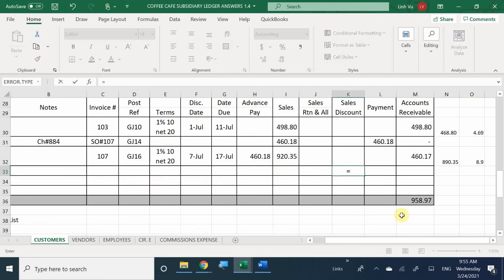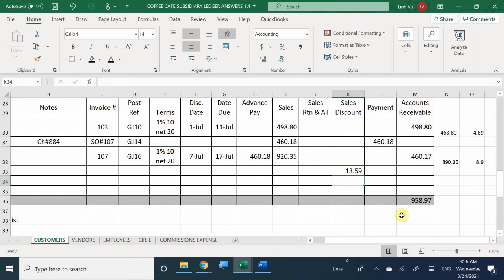So I'm supposed to receive $4.69 from the first one, plus my $8.90 discount for the second one. So therefore, I should take a $13.59 discount.